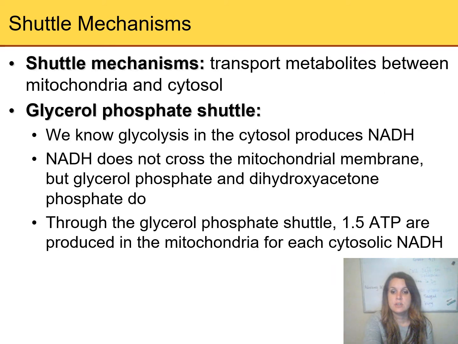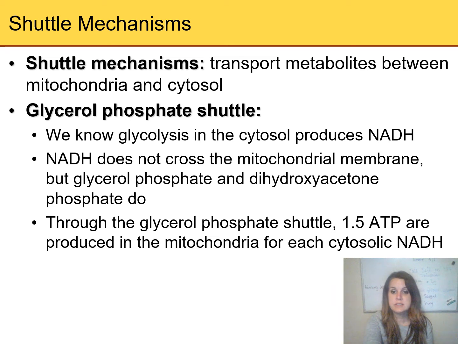I want to talk to you about a couple shuttle mechanisms that scientists have studied. Shuttle mechanisms basically transport metabolites between the mitochondria and the cytosol. The first one is the glycerol phosphate shuttle. We know that glycolysis in the cytosol produces NADH. Most of our NADH is produced through the Krebs cycle, however, we do have some produced in the cytosol.